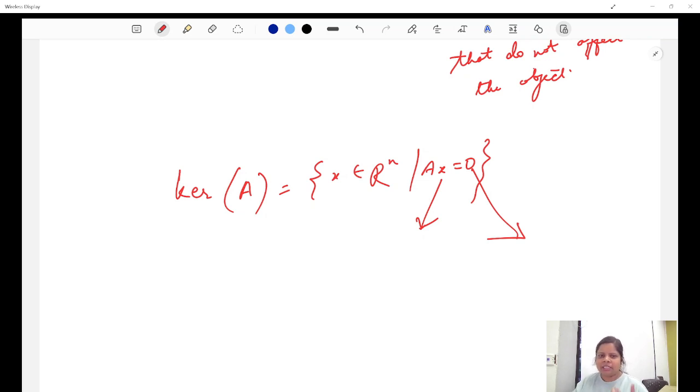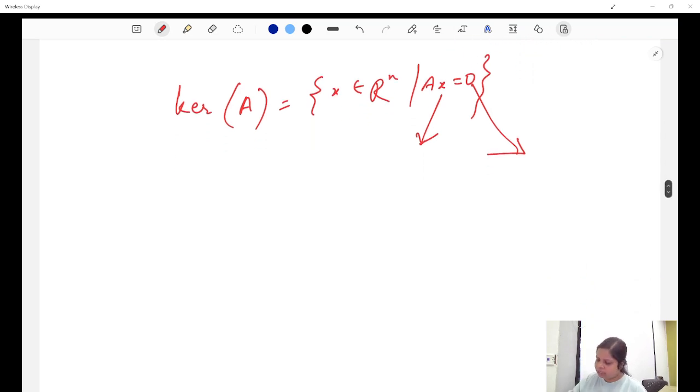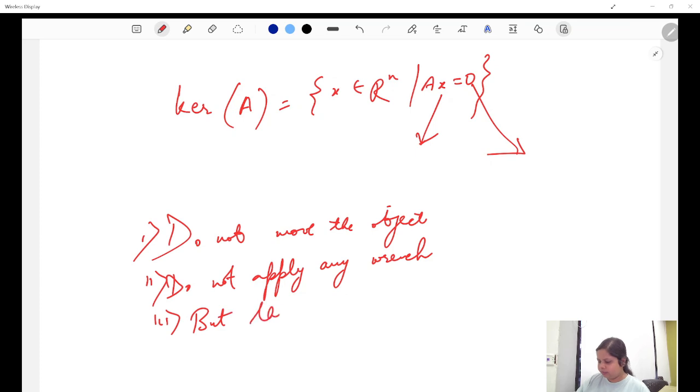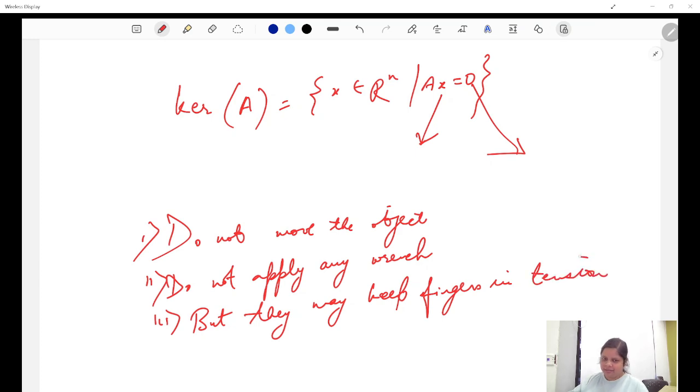These are basically contact force combinations that do not move the object, do not apply any wrench, but they may keep fingers in tension because it is at least needed. And these are the internal forces.